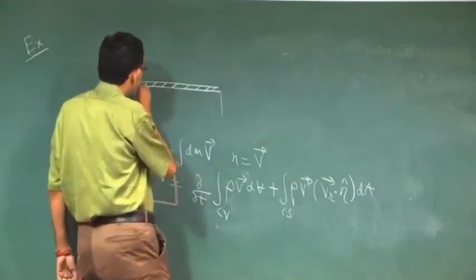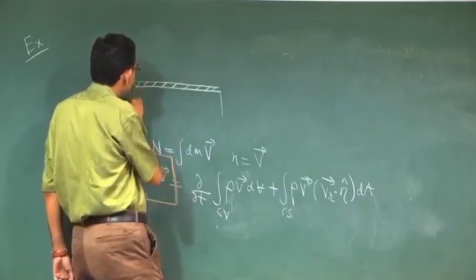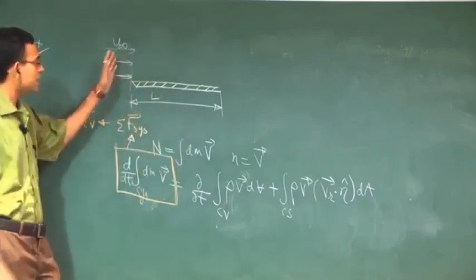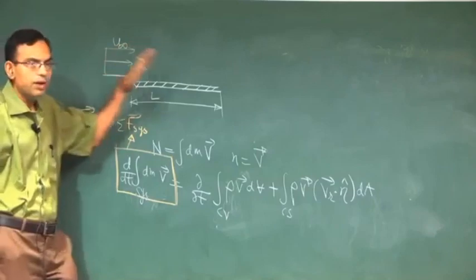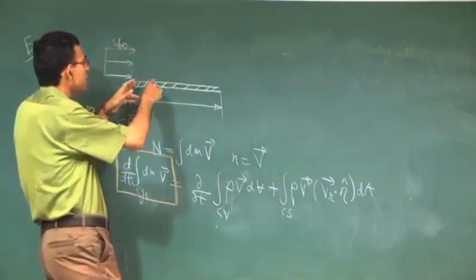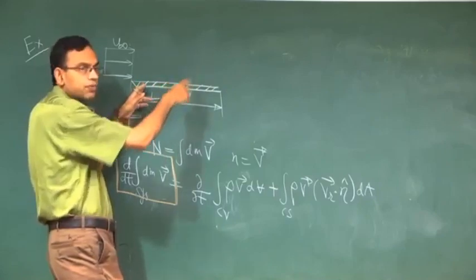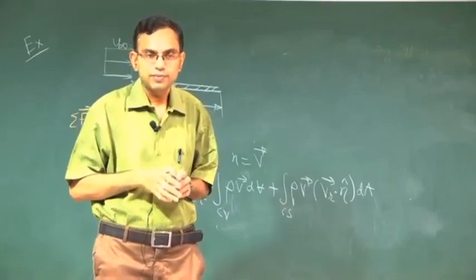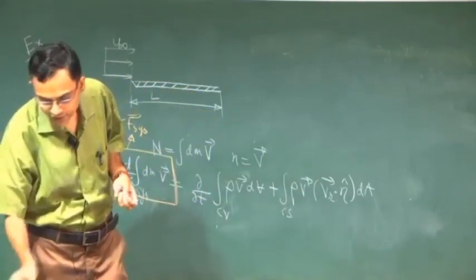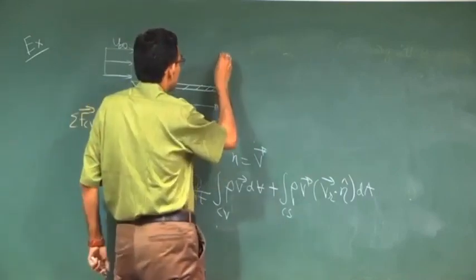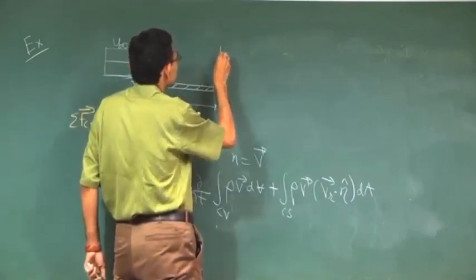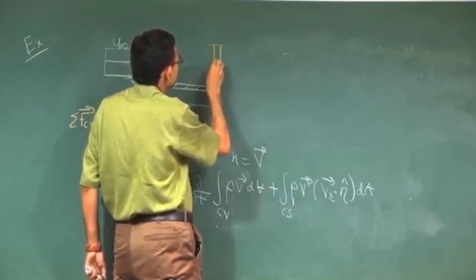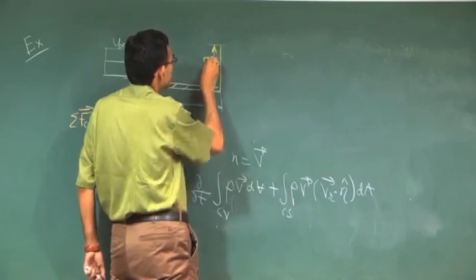The length of the plate up to which you are doing the analysis is L. Because of viscous interaction between the fluid and the solid boundary, there will be a region close to the solid boundary where a velocity profile, a velocity variation, will be created. This region is called the boundary layer. So let us say that at this location you have the boundary layer thickness as delta.